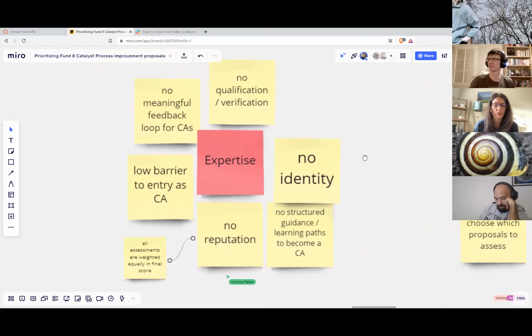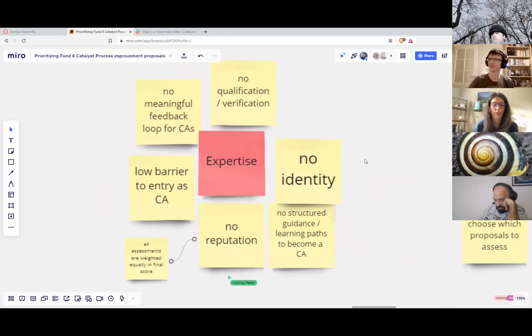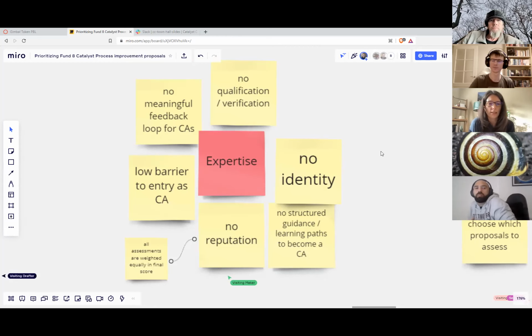Low barrier to entry as a community advisor, meaning it's pretty much a self-chosen role and requires the possession of ADA, a wallet, and a name. Beyond that, there's not a real sense of what that community member's other qualifications are for taking on a role that has the impact that it has.